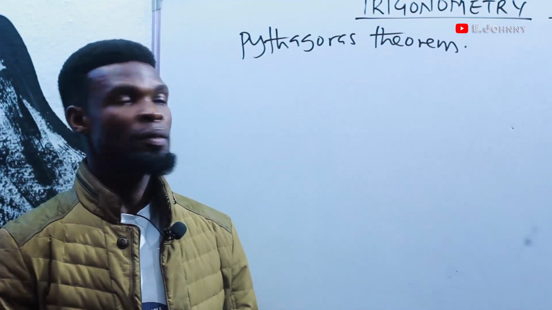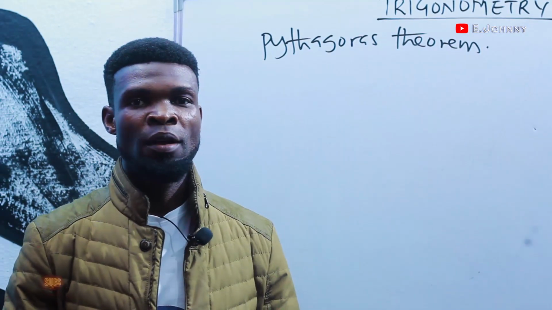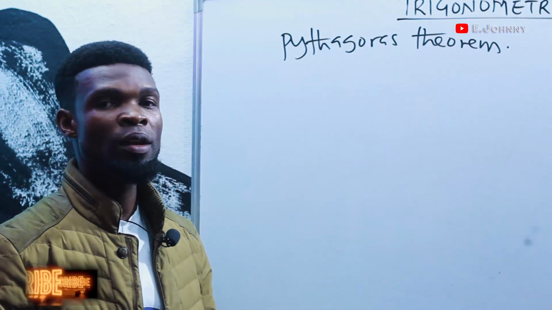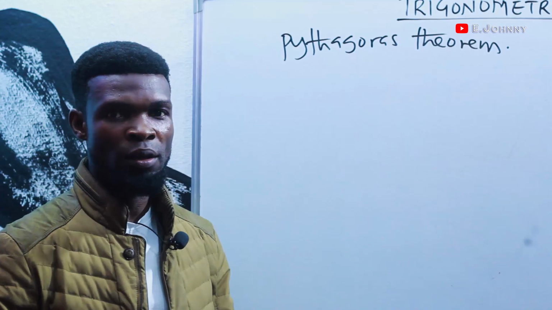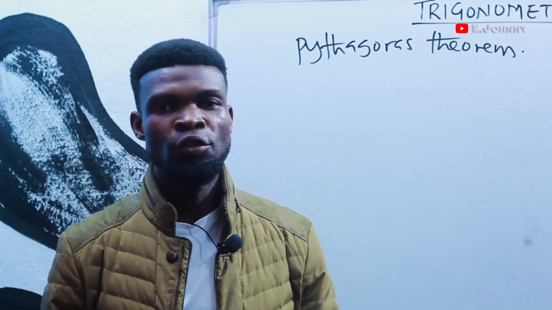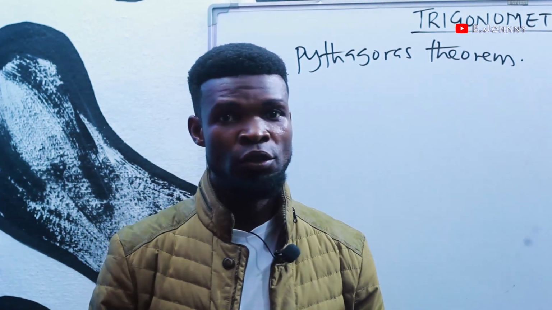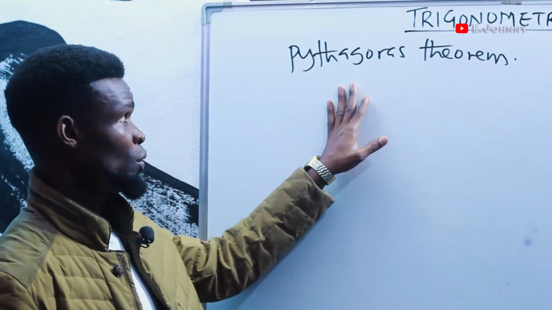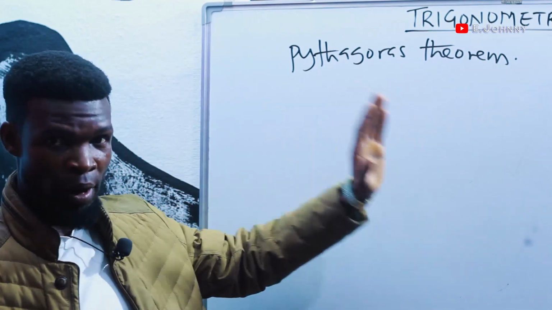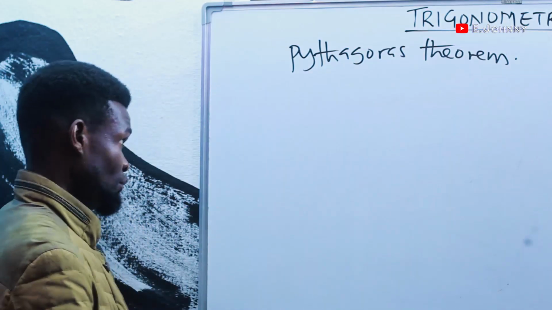Now, this is the starting point, and you can never talk about Pythagoras theorem without making reference to a right-angled triangle. We know there are different types of triangle in mathematics. We have isosceles triangle, scalene triangle, equilateral triangle, so many of them. But trigonometry, this starting part begins with a right-angled triangle.